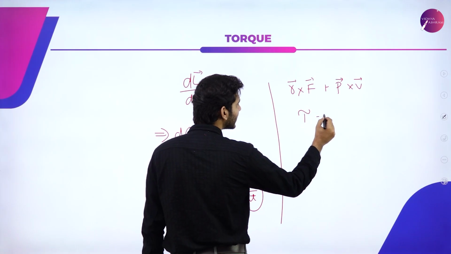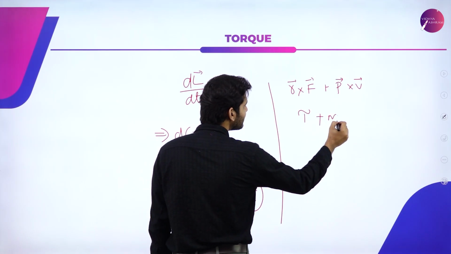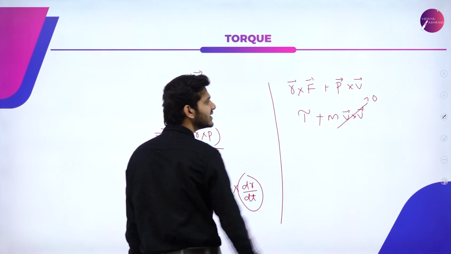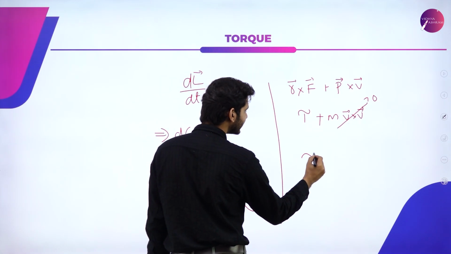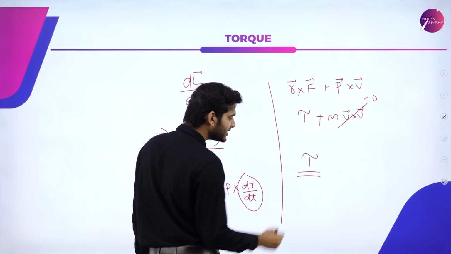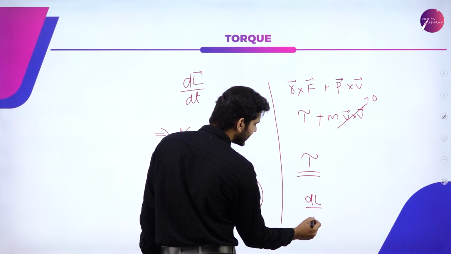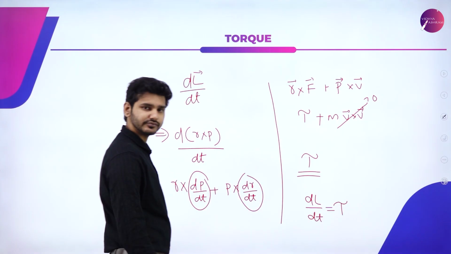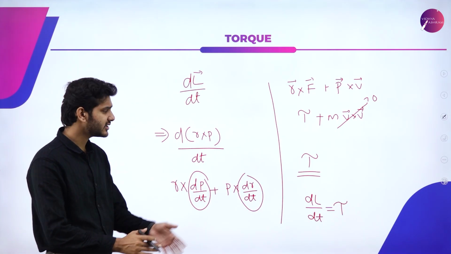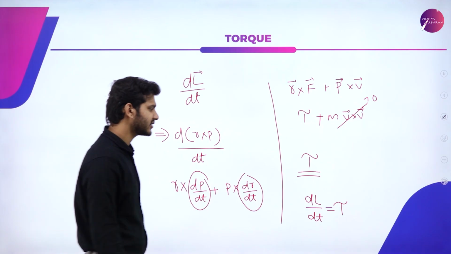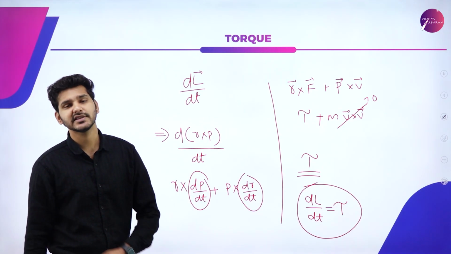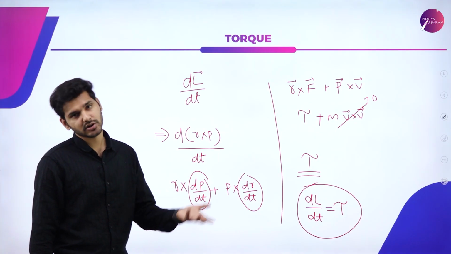So tau plus m into v cross v, and v cross v is 0. So we get the final result, dL by dt is equal to tau. That is the final result: rate of change of angular momentum is equal to the net external torque applied.